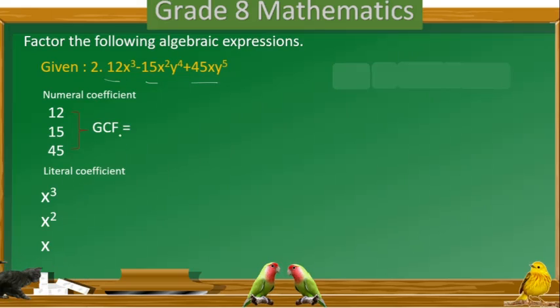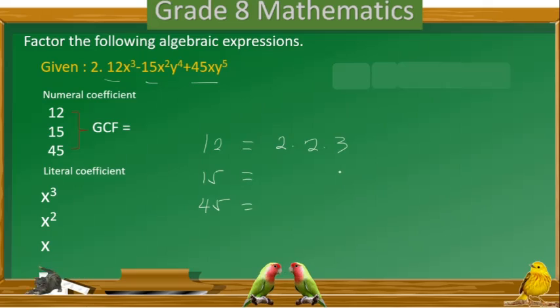Okay, next, let us find the GCF of the numerical coefficients, 12, 15, and 45. The factor of 12 is 2 times 2 times 3.